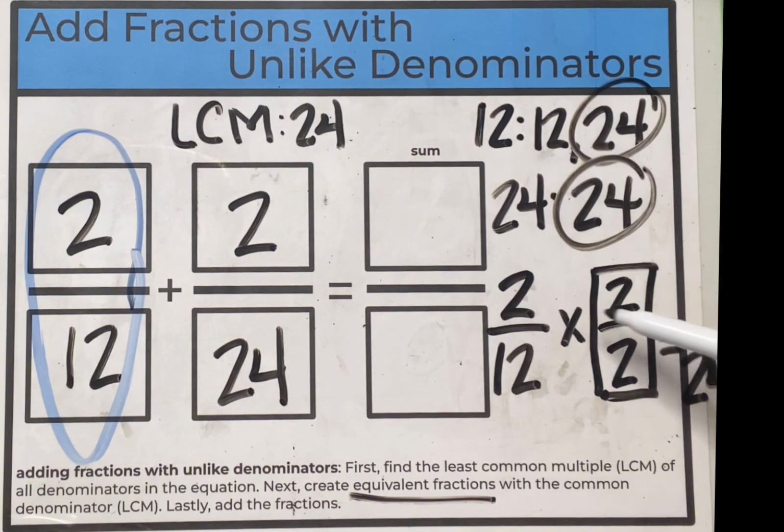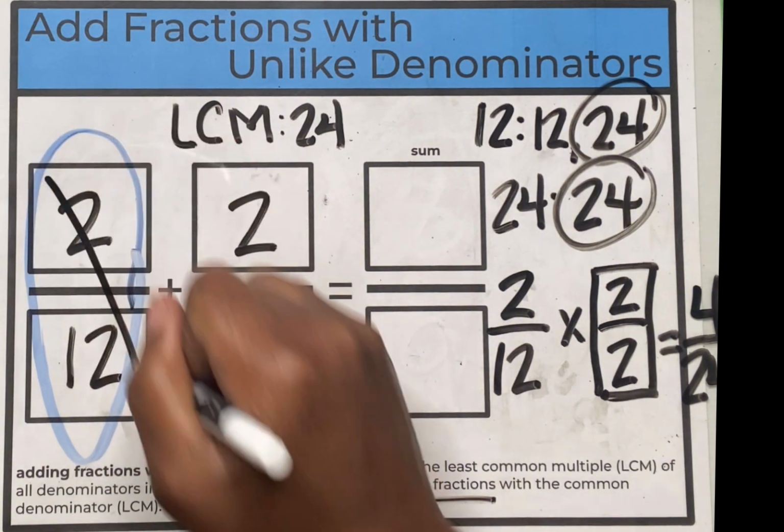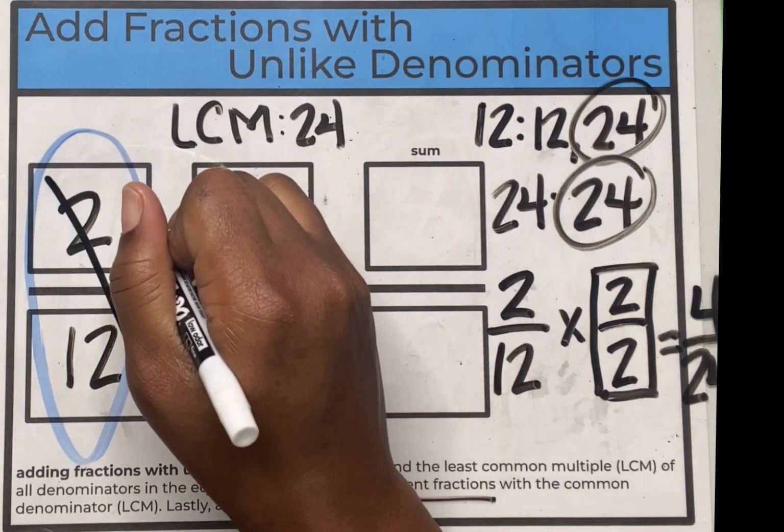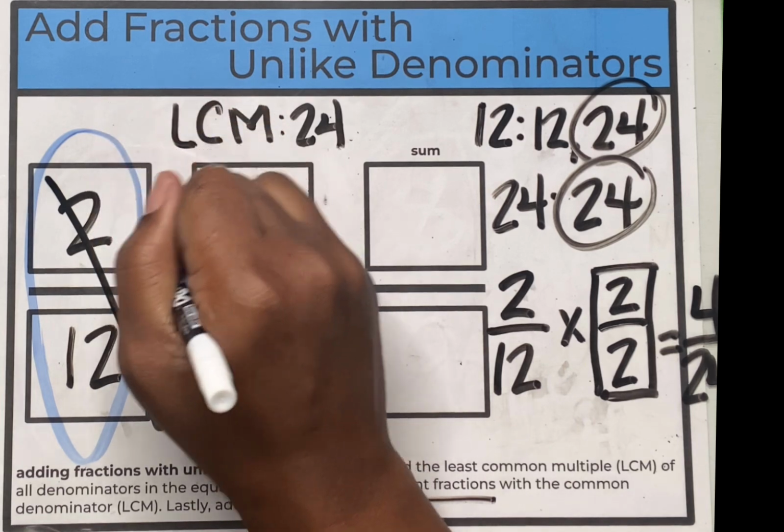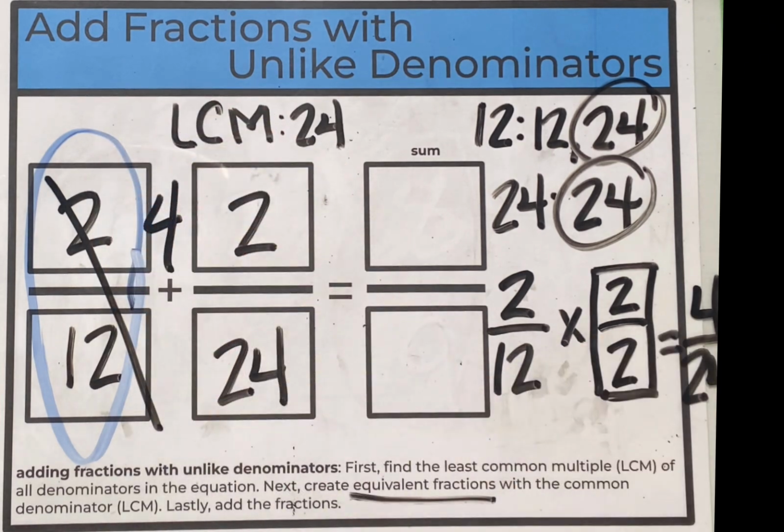Then we're going to say 2 times 2 is 4. So our equivalent is 4/24. Now let's solve. This is now 4/24.